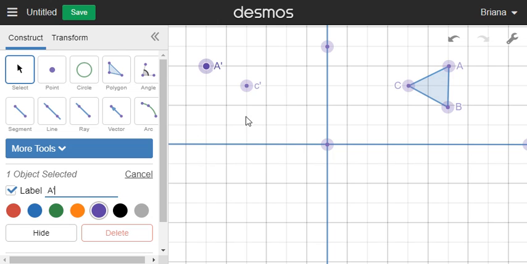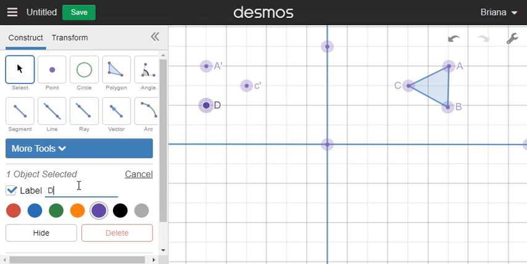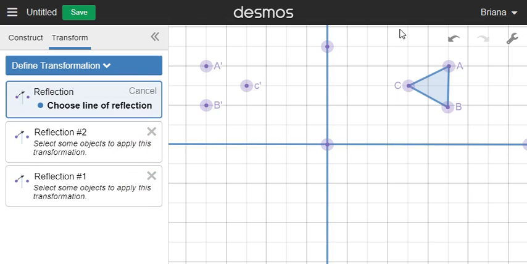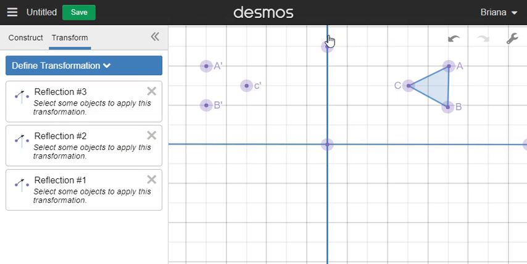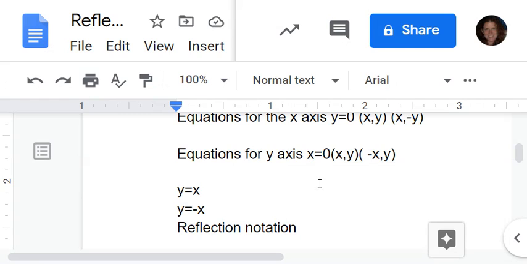Then we've got B, which is the same amount over here, and we'll label that B prime. We're going to see if it ends up in that exact same place. So let's do our actual transformation. We choose a reflection, choose this line here, choose this object, and apply it. Look, it fell perfectly into its space, so that worked great.